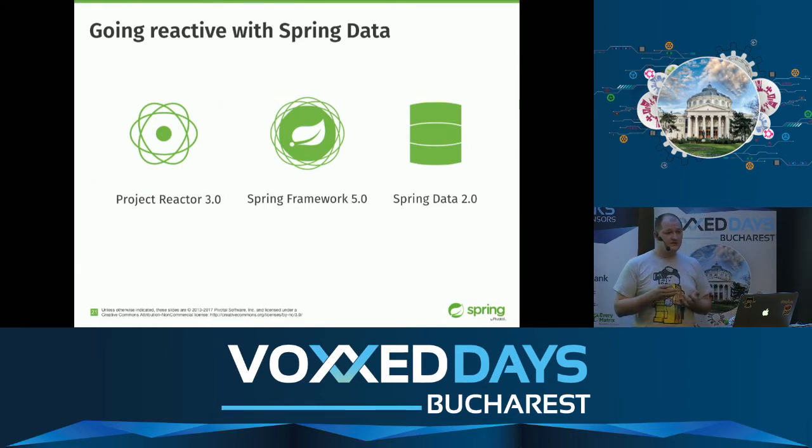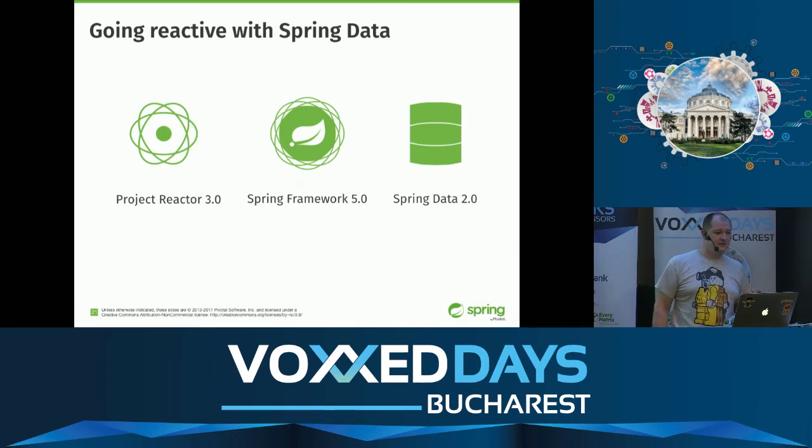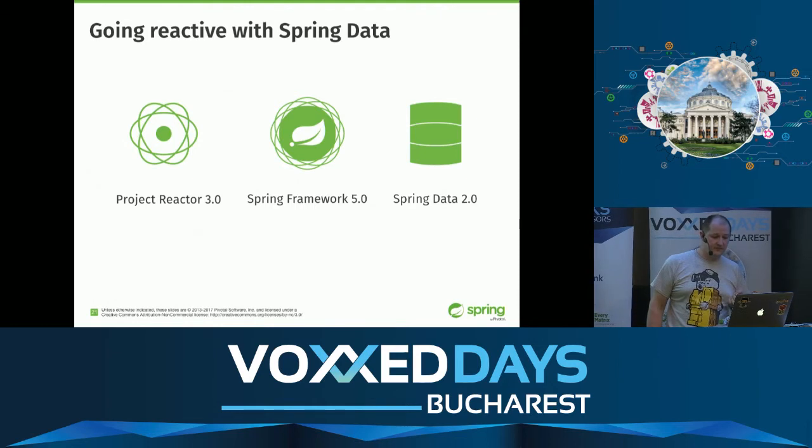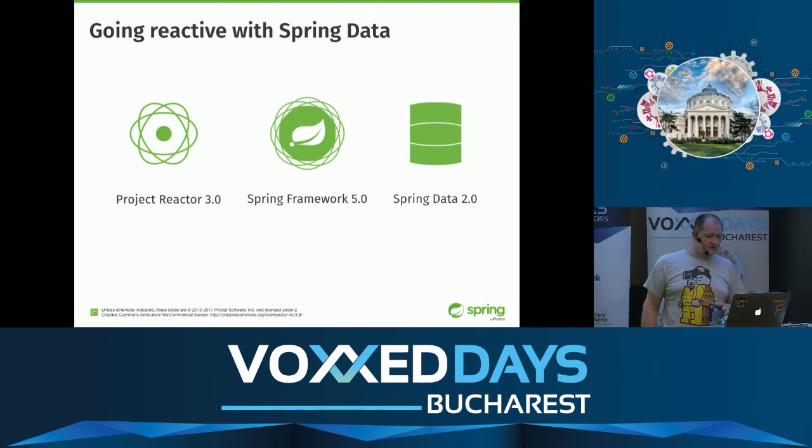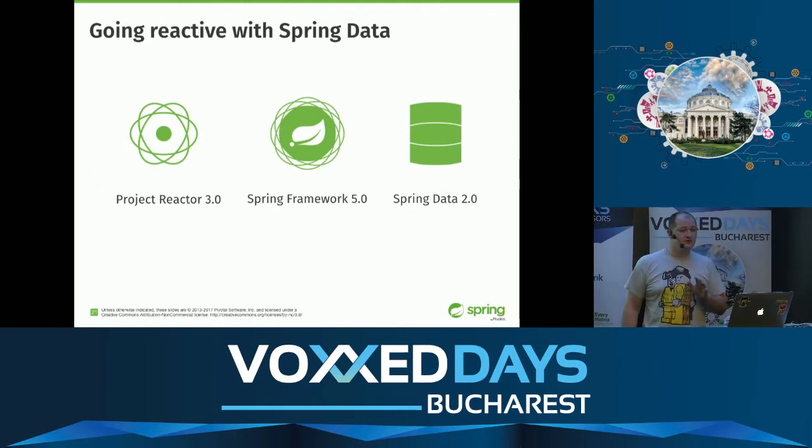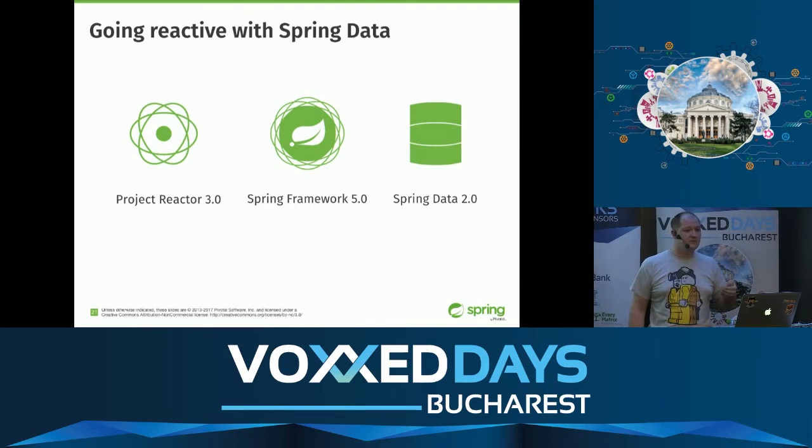We are expecting Spring 5 mid this year, and shortly after we will release Spring Data 2.0. But the good news is there are already snapshots available and even milestone builds, so you can try out all that stuff. You will see after the presentation also links to the examples repository, to the slides and so on, so you can take a moment at home or at work and go through these examples if you want to learn more.